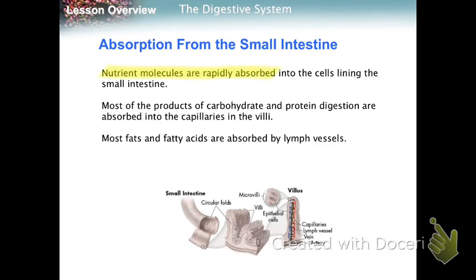Nutrient molecules are rapidly absorbed. Products of carbohydrate and protein digestion are absorbed into the capillaries. Fats and fatty acids are absorbed by lymph vessels.